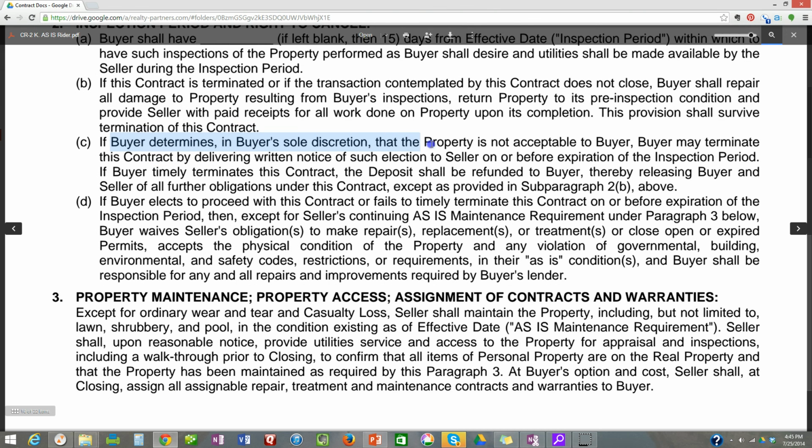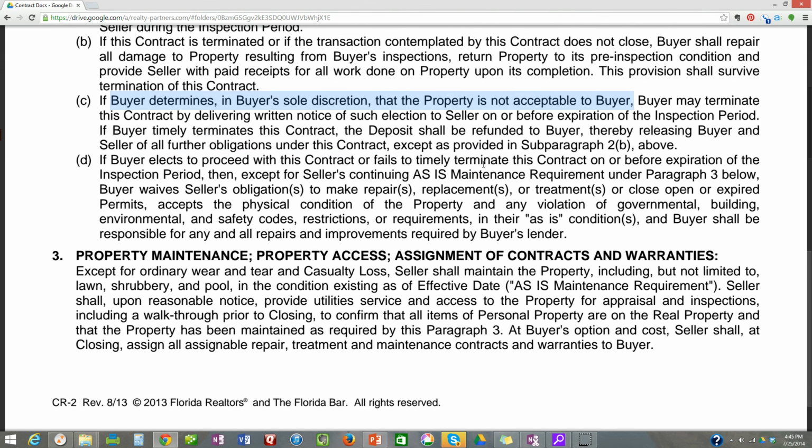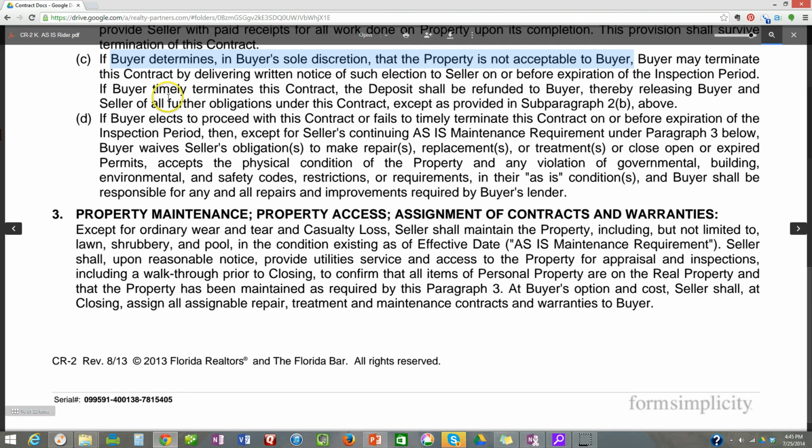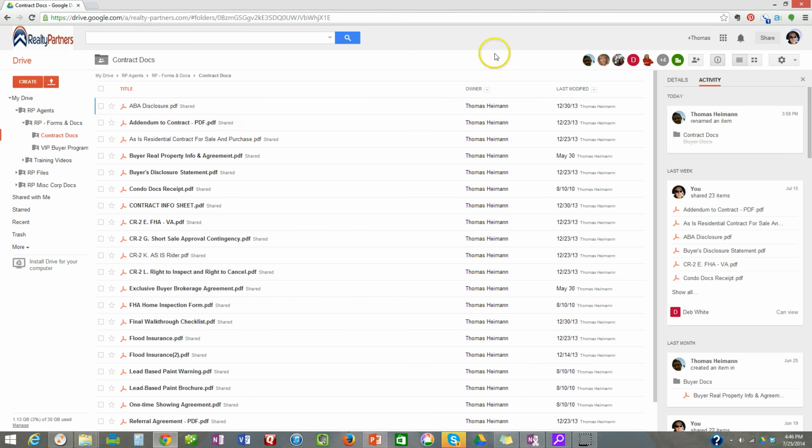If buyer determines in buyer's sole discretion that the property is not acceptable to buyer, buyer may terminate the contract. And if buyer elects to proceed with the contract or fails to timely terminate, then the buyer is going to continue with the property as is. So that would be the as is addendum to the contract.